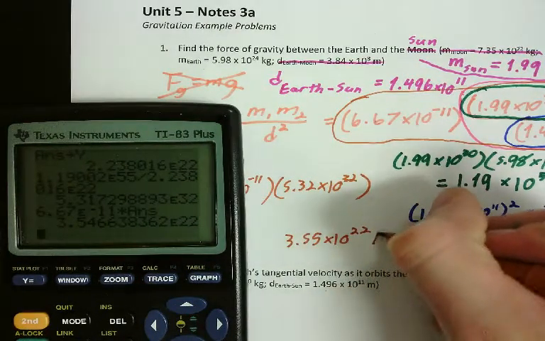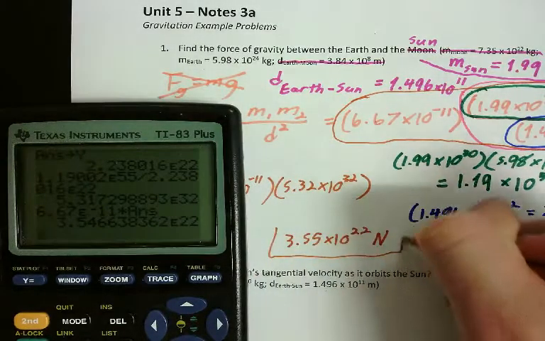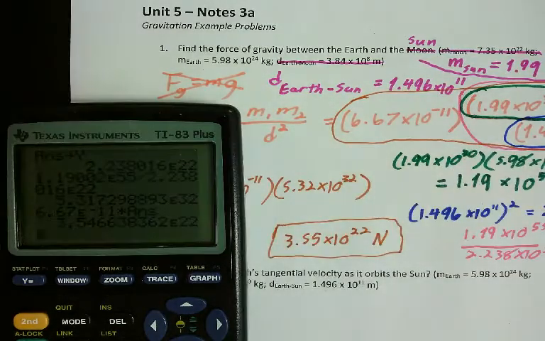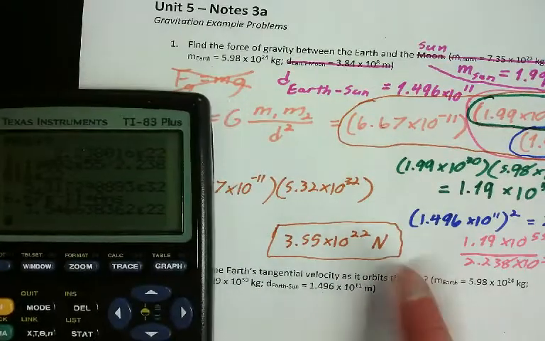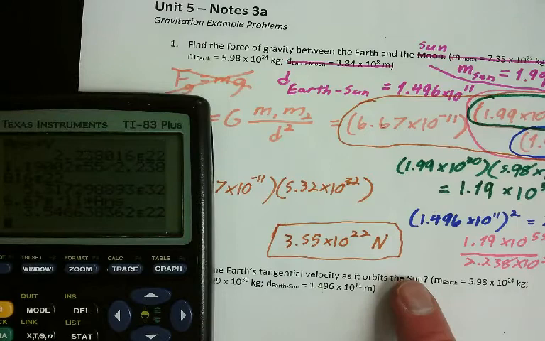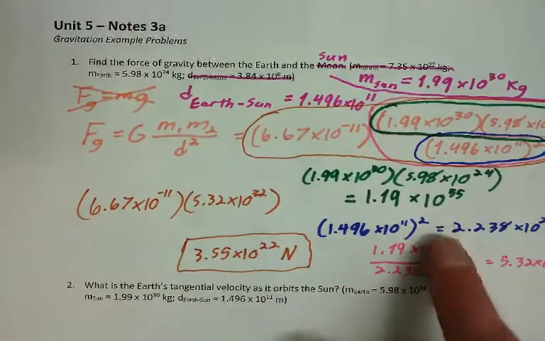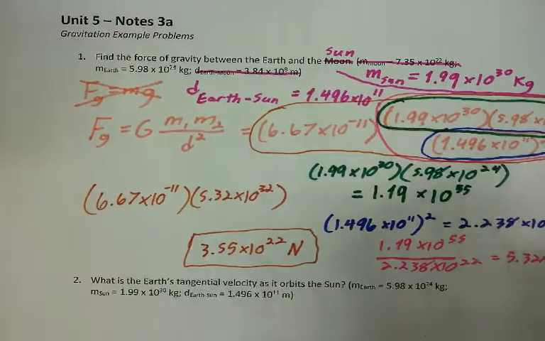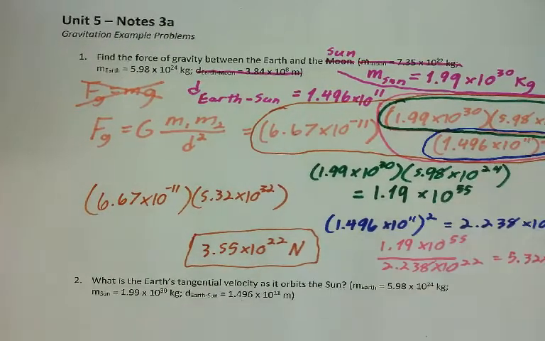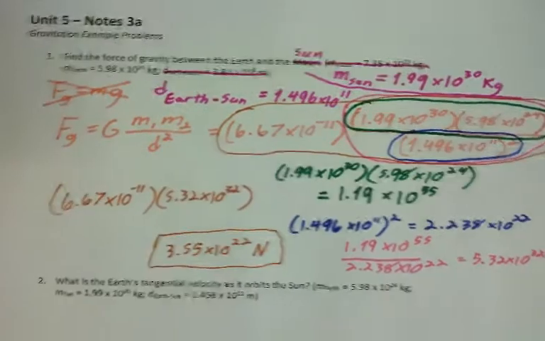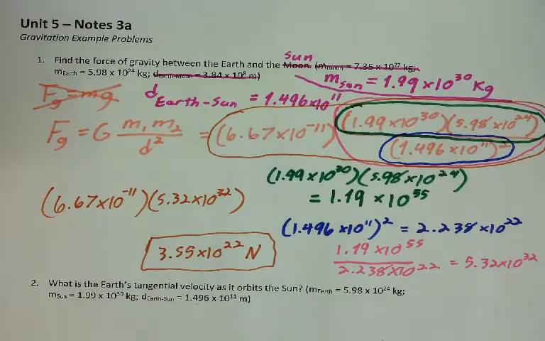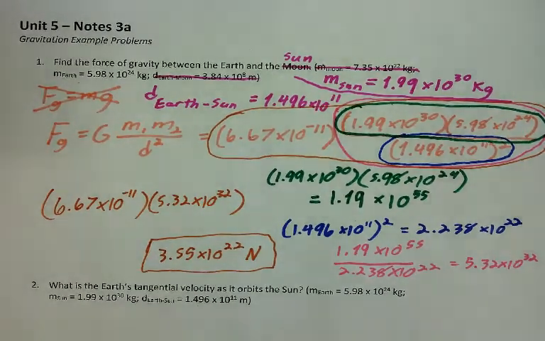If you get a number that's slightly bigger, 3.57, or slightly smaller, 3.52, as long as you show your work, I will know why your number is not the same as mine. If you don't show all your work, you had best not round, because I'm not going to know why your answer is wrong. You might say to yourself, hey, Mr. B, I don't need to do all these steps. I'll just plug it into my calculator at once. That's awesome. Great. Go for it.